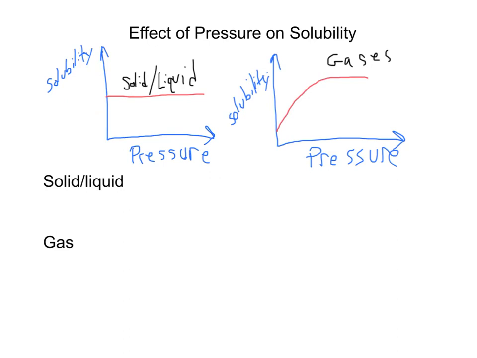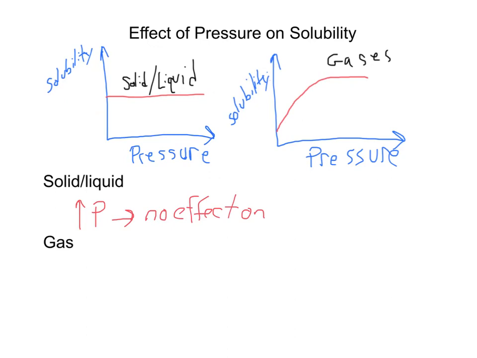So why don't you explain that, Mr. Hunter? So as we see above on the graph, you see solubility on the y-axis, pressure on the x. And as you would probably imagine, the pressure above a solution has no effect on how much solid or liquid can affect the amount of solubility. So solids and liquids are not affected by pressure.